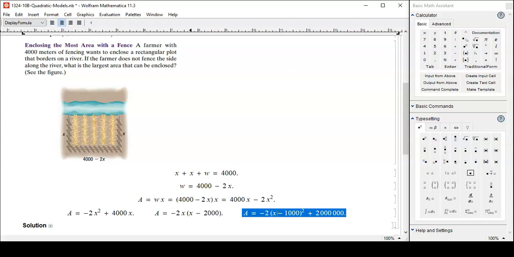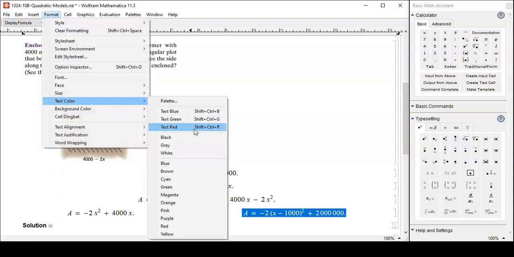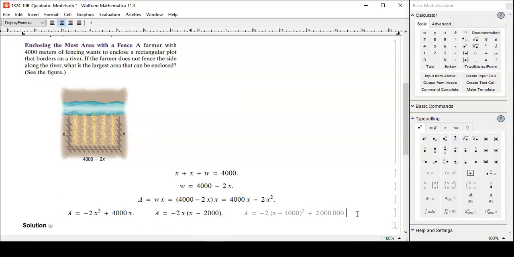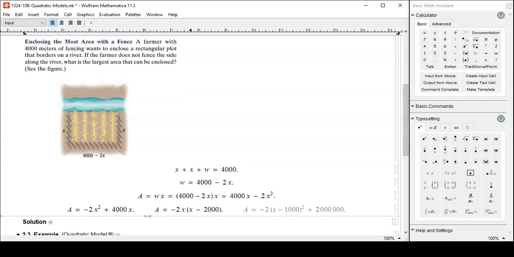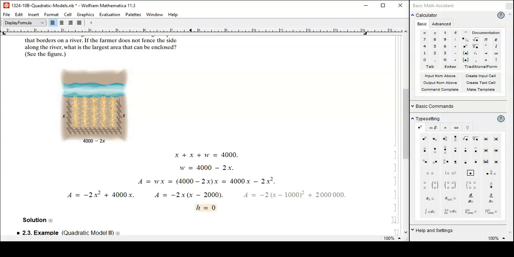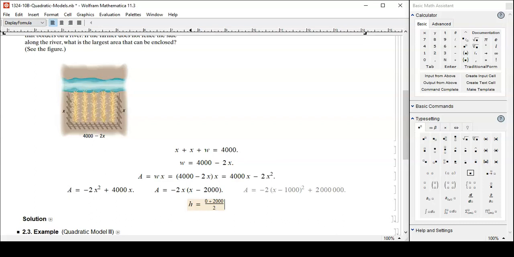But then again, as before, the vertex form is kind of tricky to get, and it's not always useful. So let's not worry about this. Let's work out the general form, which we got by multiplying w times x, and the intercept form, which we got by simple factorization. Okay, let's see. From here, the h value is 0 plus 2000 over 2, so 1000.